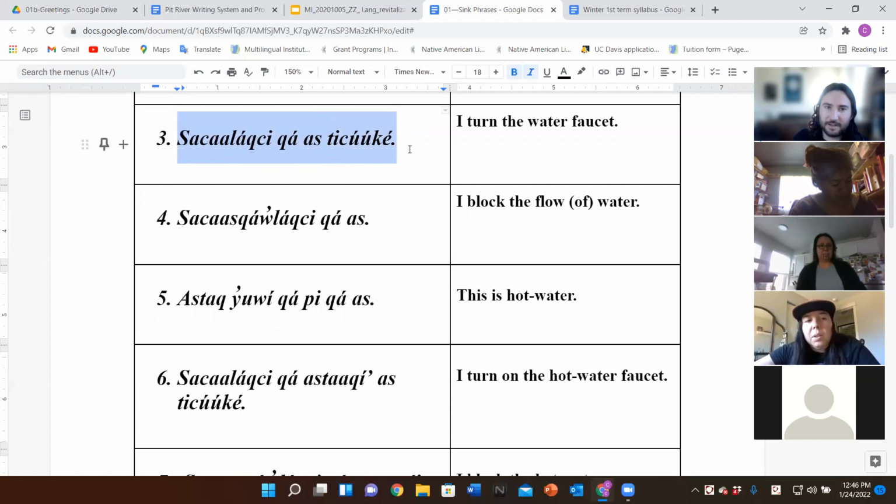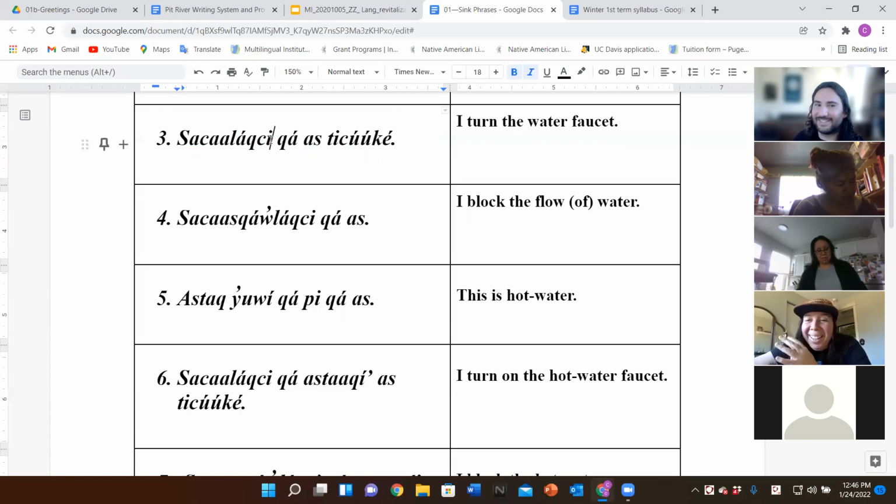Kenwa sajalakji ka as dejuke. Sa, jalakji got us. Did you, okay? And Letty sajalakji ka as dejuke. Sajalaki Gas Tajuke. Could you say the first word one more time?